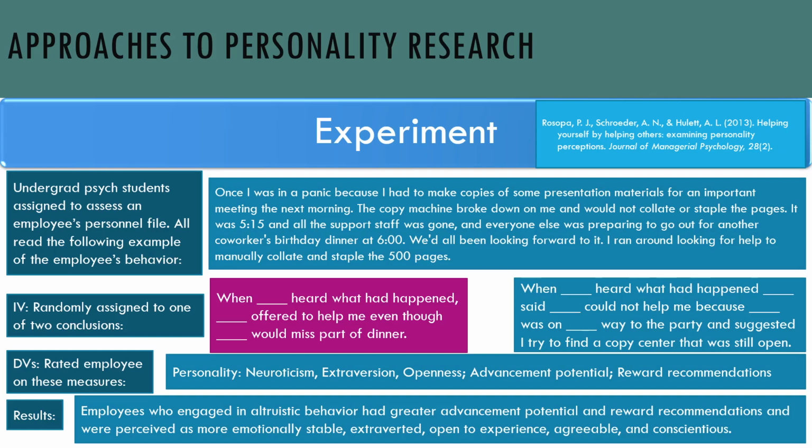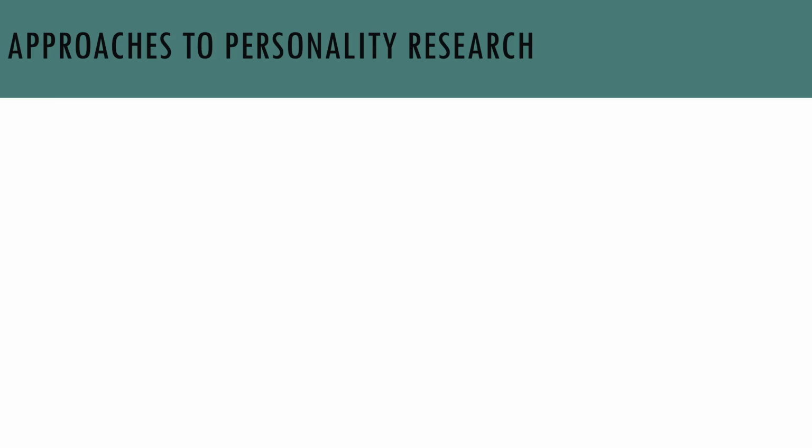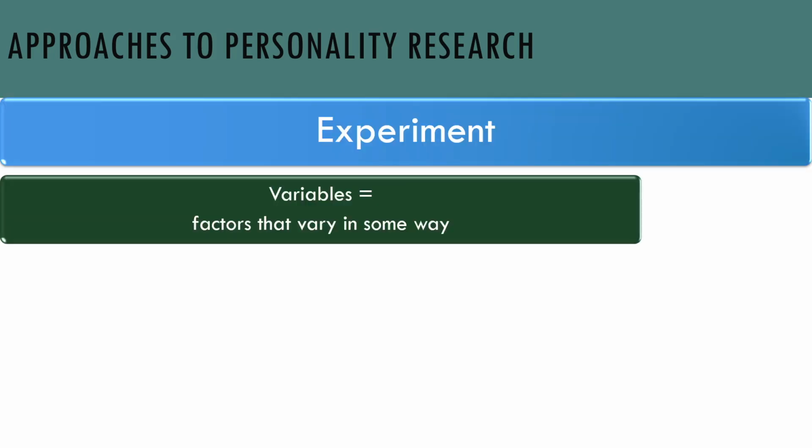I will explain now how we know from an experiment that it's probably not individual differences between the college students, but instead really this thing that was manipulated, the end of that story, that was the important factor. So let me explain how we know that from an experiment.